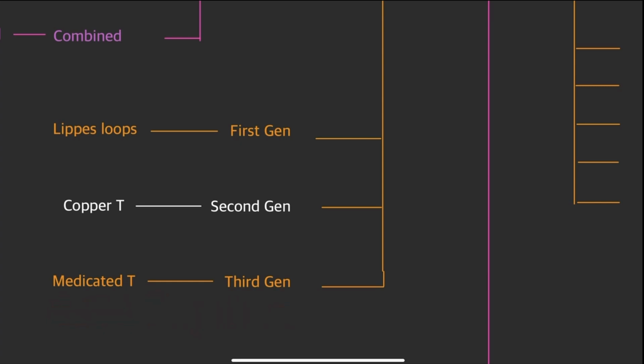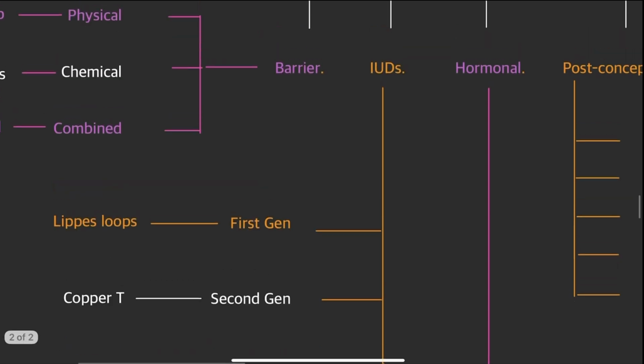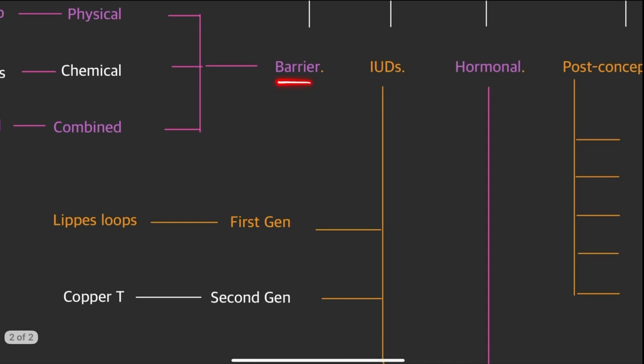Progesterone, we consider that as medicated. You might be thinking what IUDs are. So IUD means intrauterine devices. These are devices that are placed inside the uterus that bring some biological changes which prevent pregnancy. Okay, so we are done with barrier method, we are done with IUCDs.